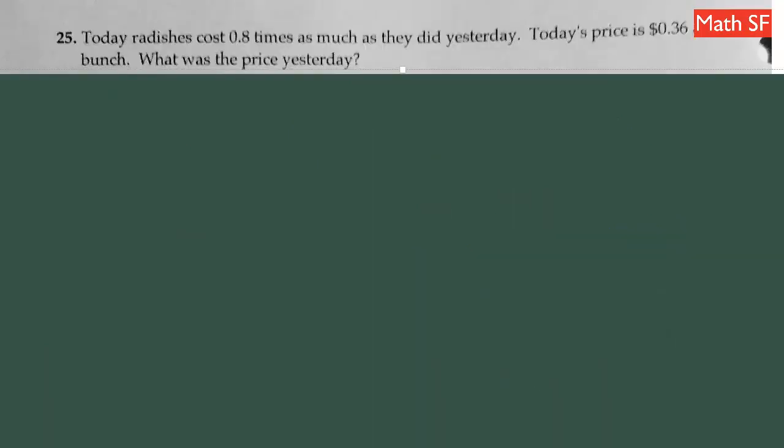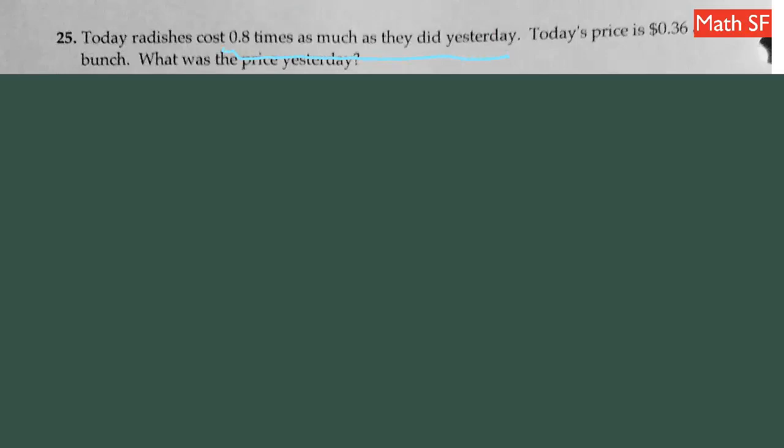Problem 25. Today radishes cost 0.8 times as much as they did yesterday. Today's price is 0.36 a bunch. What was yesterday's price? So whenever we're given a decimal of something, it implies that we need to use some translation. So right here it's telling you 0.8 times as much as it did yesterday.